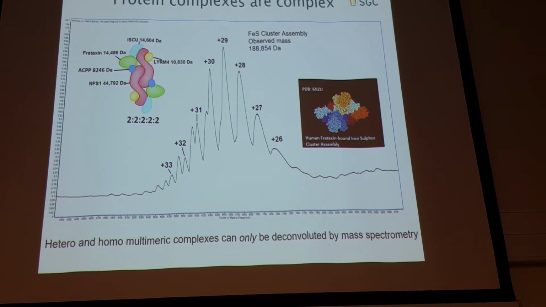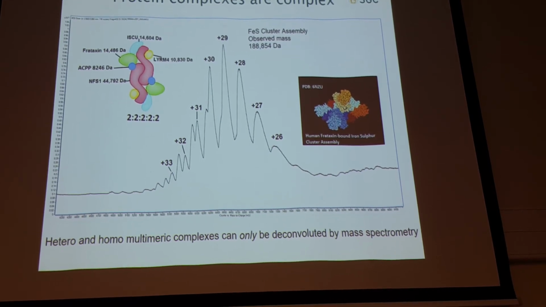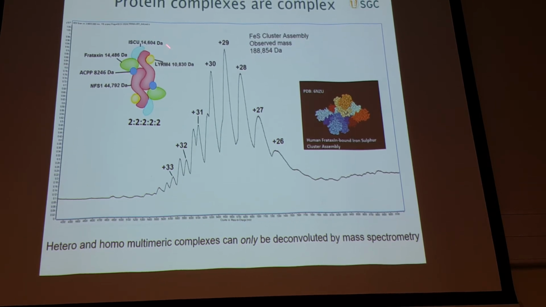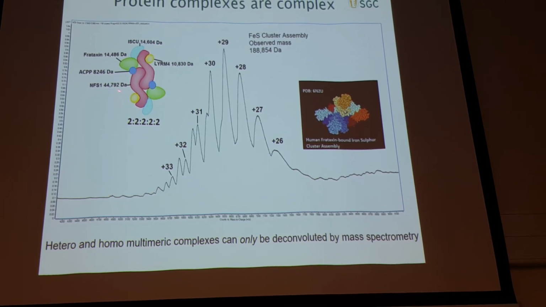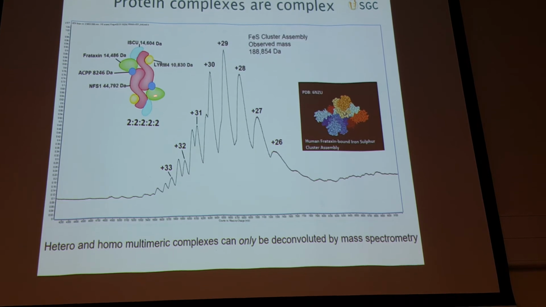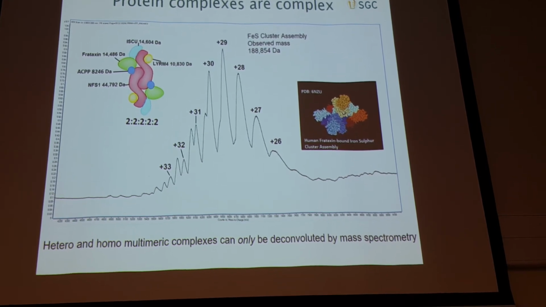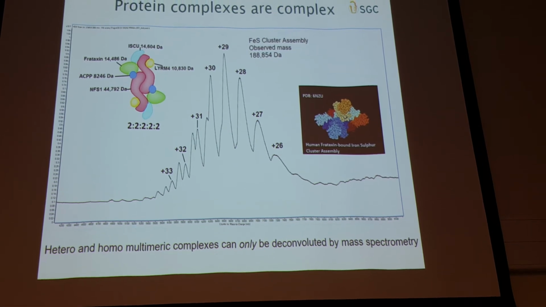Okay, this is an example of a complex that we've measured in the SGC, and this is an iron sulfur cluster, and it has 5 different components with a stoichiometry of 2 to 2 to 2 to 2.